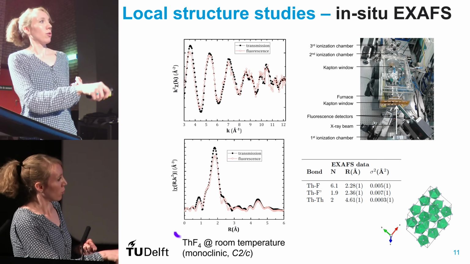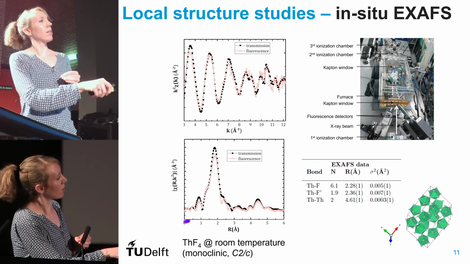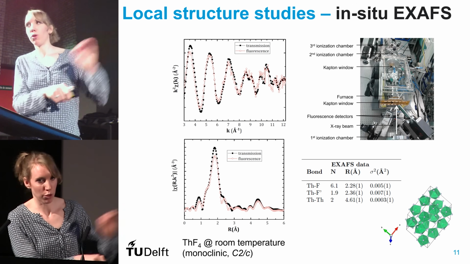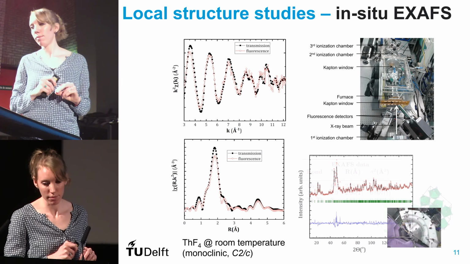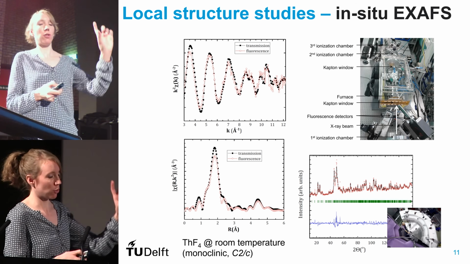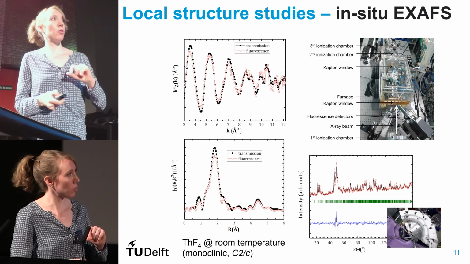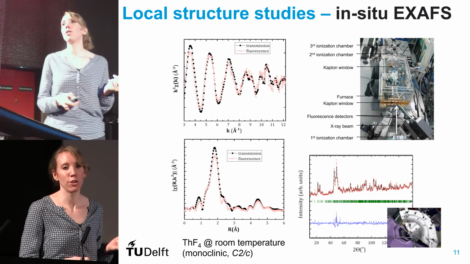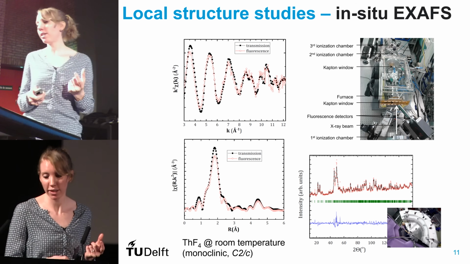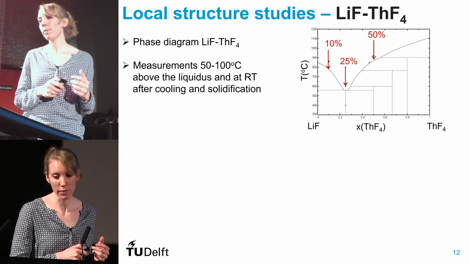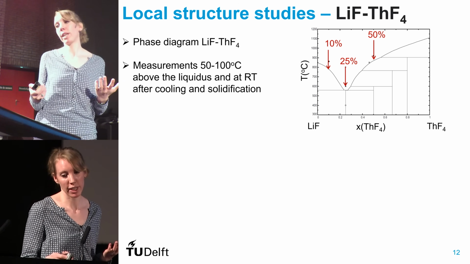So you see the thorium that you investigate is here, and you see the fluorine here, and a second thorium not very far. And we compared our measurements of the thorium-fluorine distance with some neutron diffraction data, which we collected in Delft, because we are very lucky to have a neutron diffraction beamline at our reactor, and we had a very good agreement there.